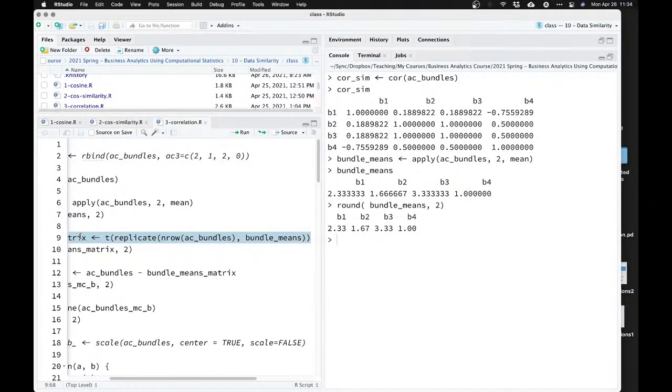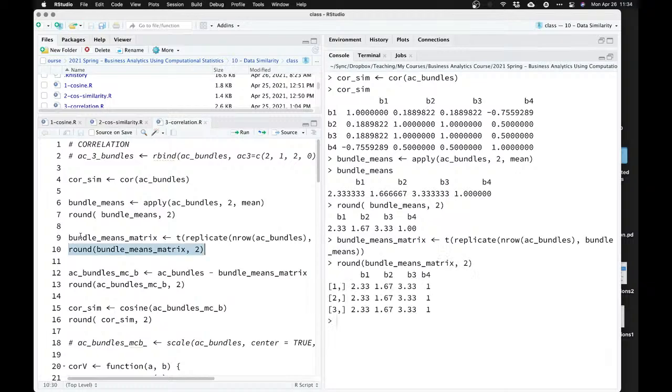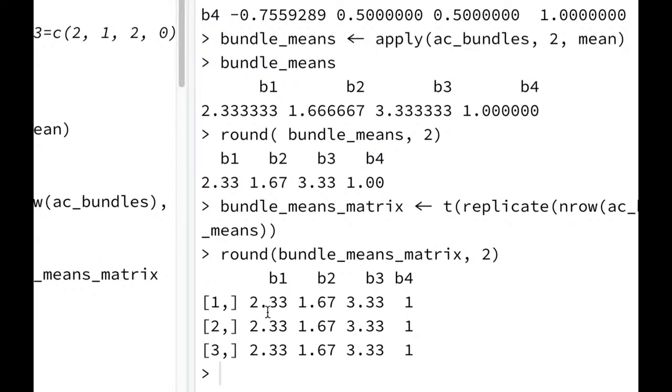I am now going to produce a matrix which is just columns B1, B2, B3, B4, but now the values are just their means, nothing else. The values are just their means, repeated. So I use the replicate function as you saw here. I replicated the mean vector multiple times.